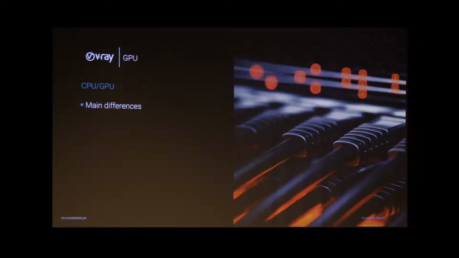Now, so what are the main differences between the CPU and the GPU? Well, obviously they are very different pieces of hardware. Now, the CPU is not only visually different, but the whole architecture is different, and the code it runs on is different. So it should come as no surprise to anyone that the results you get from the CPU are slightly different from the results that you get with the GPU.